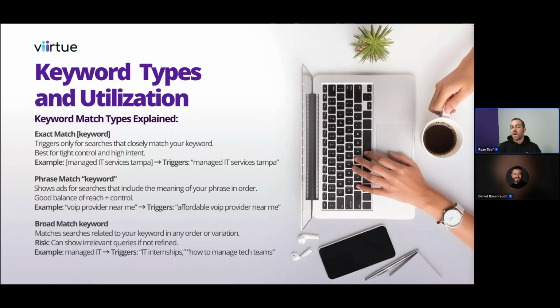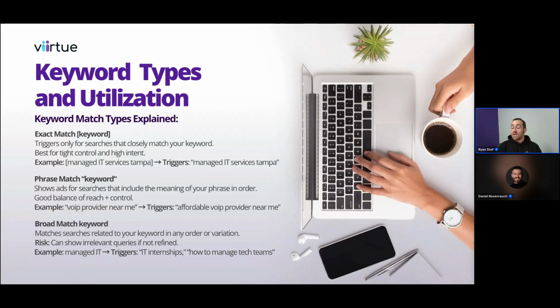If we pop back up to exact match keywords, we can look at the example called managed IT services in Tampa. This triggers exactly managed IT services in Tampa. This used to be the case, but what we're finding now is exact match is very similar to phrase match, and we want to be a little bit more targeted with that.